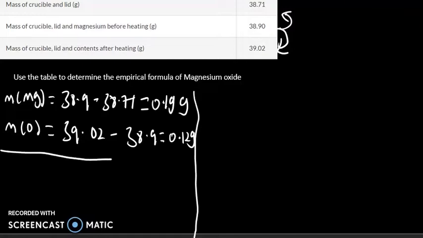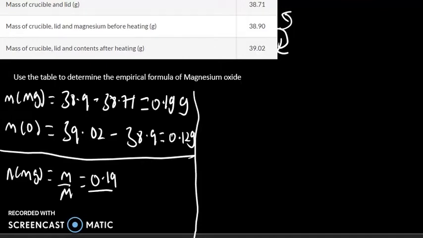After finding the mass, the next step will be finding the moles of both magnesium and oxygen. So the mole will be mass divided by molar mass. For magnesium, we found the mass to be 0.19 divided by 24.31, so you will get 7.8 times 10 to the power minus 3.